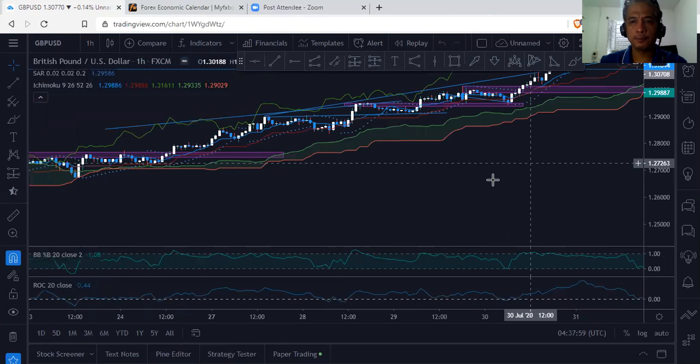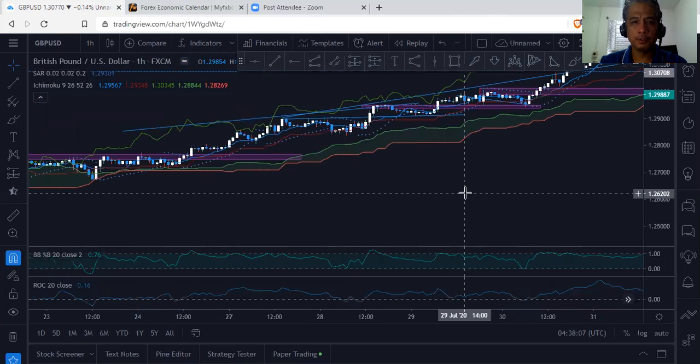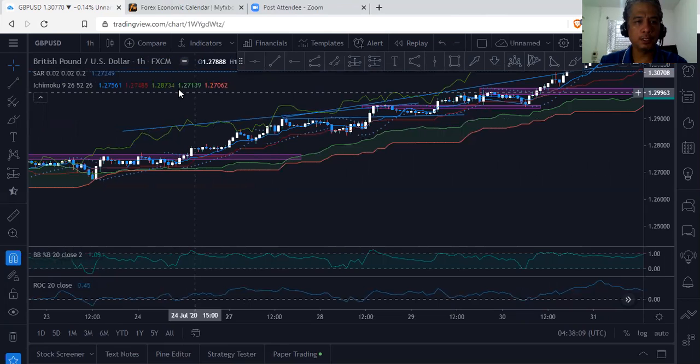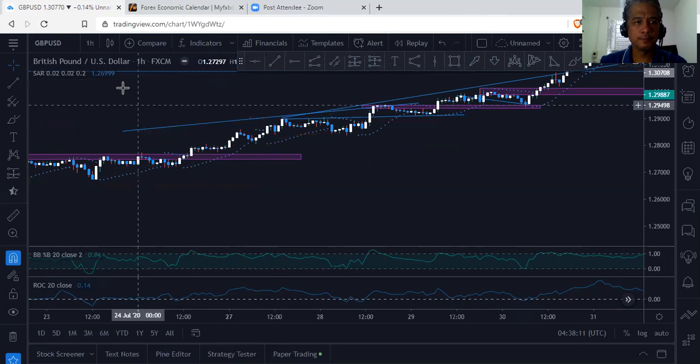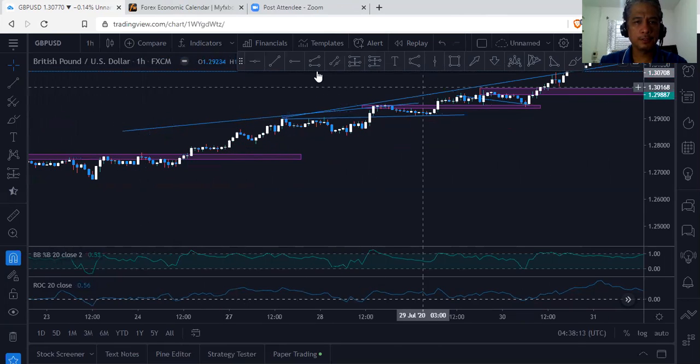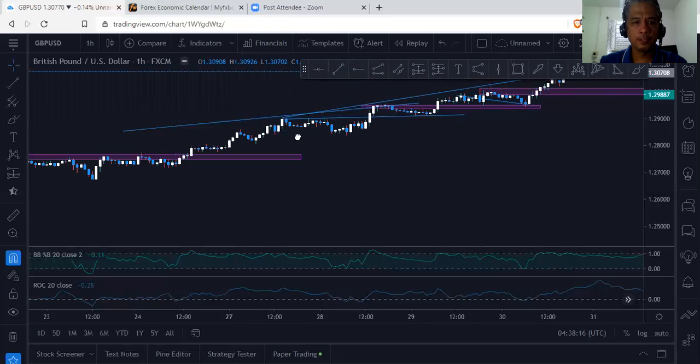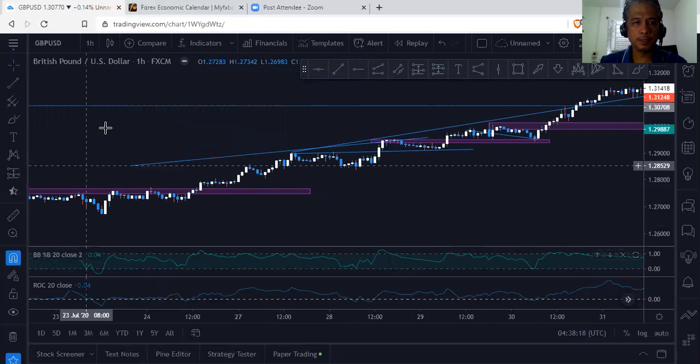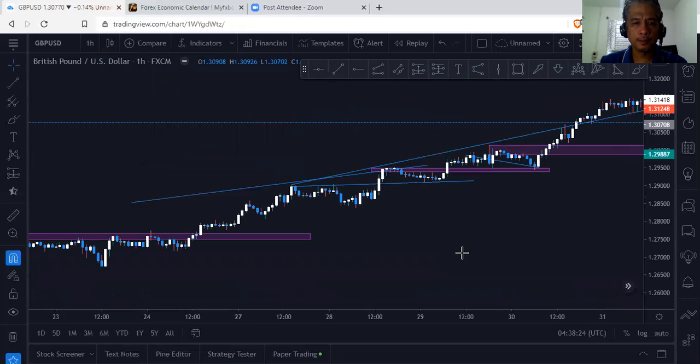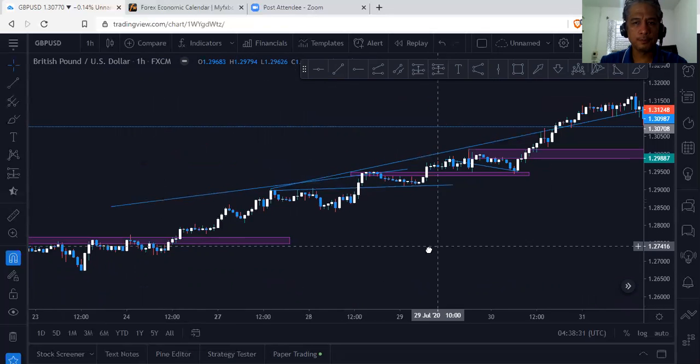We'll be using TradingView. So I'm going to remove all the indicators, the SARs, and many of them, as well as the Bollinger Bandwidth. And all right, so let's begin our analysis with major trend reversal.